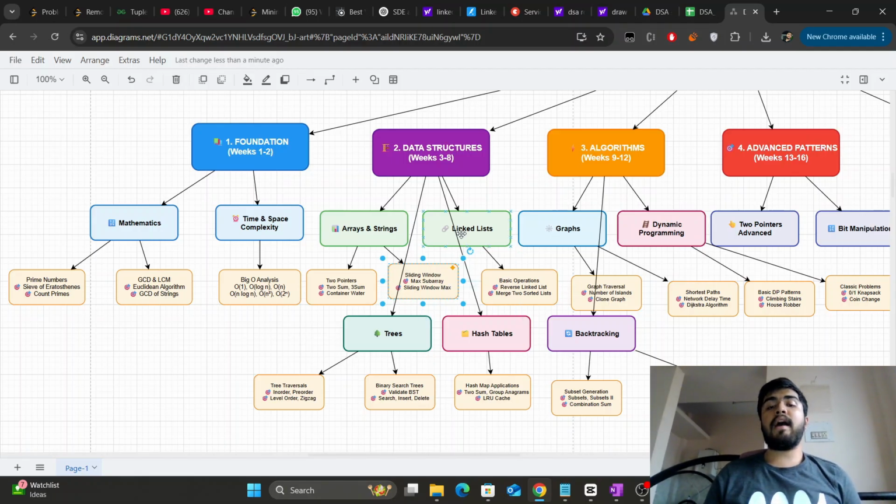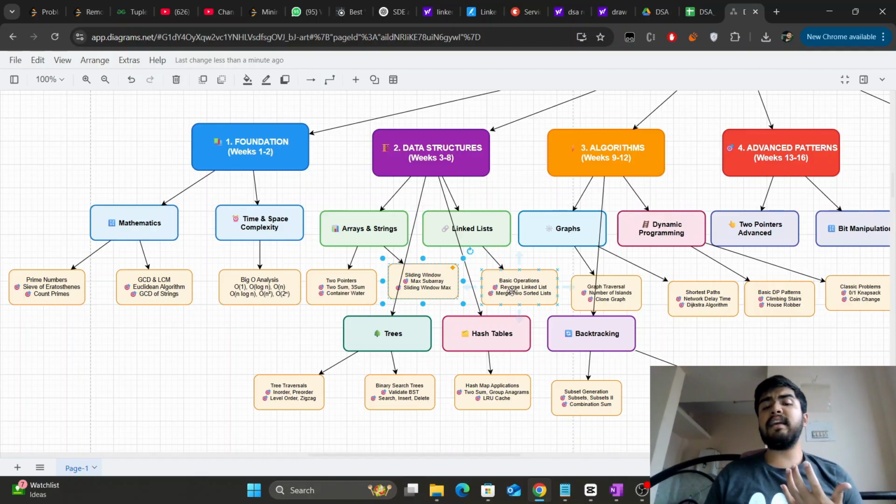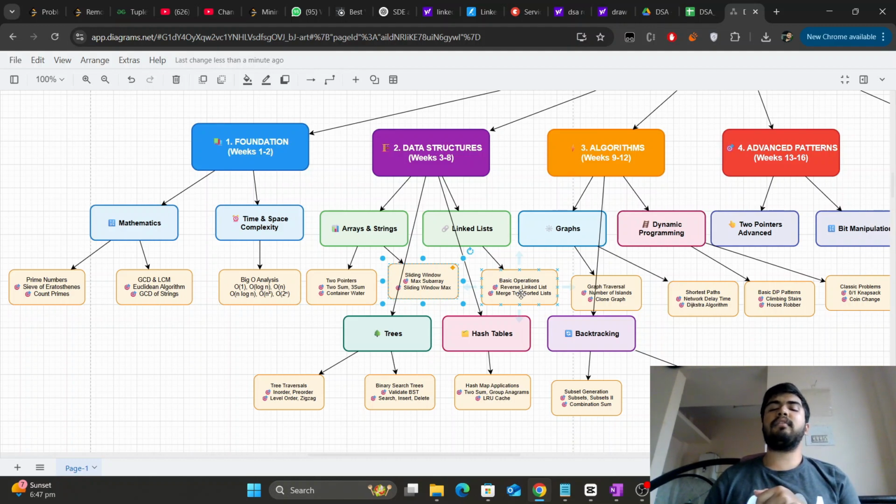Correct. Then we have linked lists. On linked lists we have basic operations, and this I have to say is more than sufficient. Reverse linked list, merge two sorted linked lists. These are, I actually feel, the hardest problems that can be formed on linked lists. Reverse linked list, cycle detection. Maybe I missed that.